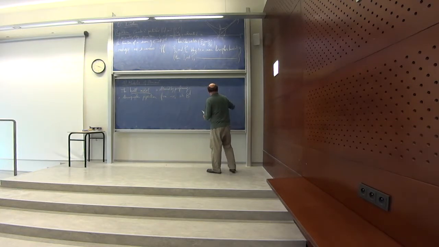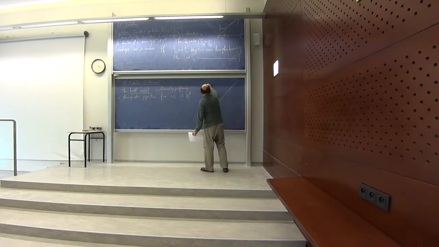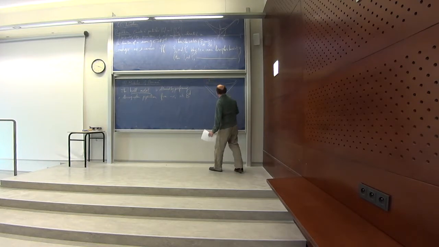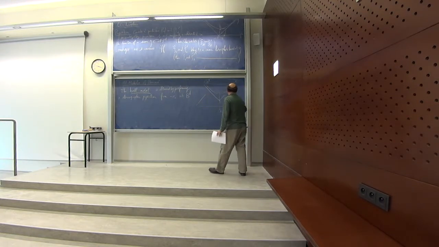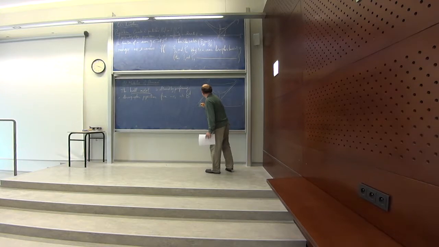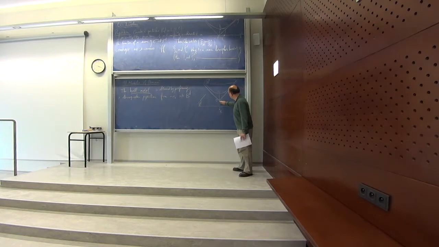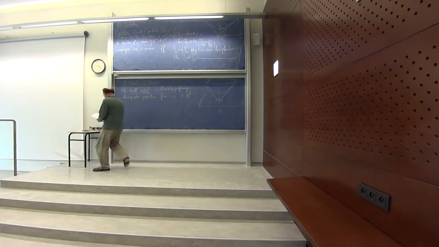I draw a picture. So HD here. Here is E naught and minus E naught. And here RD. Zero. And I take a point.